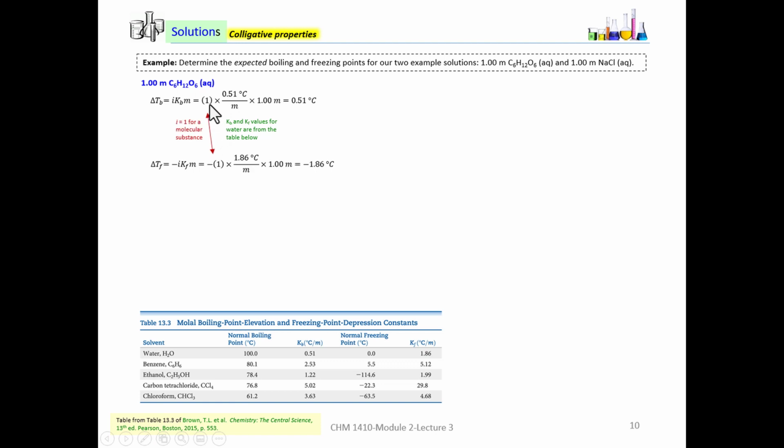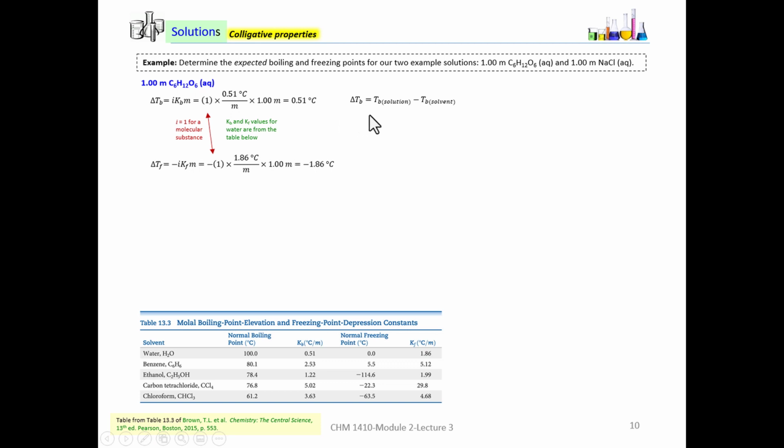And I guessed that the van 't Hoff factor for glucose would be 1 because it's a non-electrolyte molecular substance. So with every glucose that goes into solution, you just get one dissolved glucose. So my guess is that the van 't Hoff factor here, which should reflect that, should be just 1.